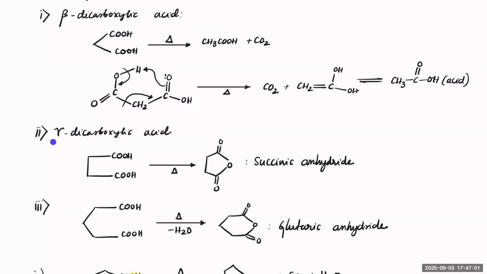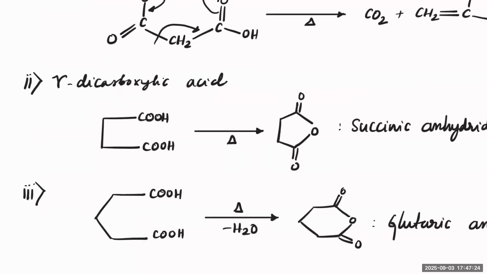Check out gamma. If you have a gamma dicarboxylic acid, this is alpha, this is beta, and at the gamma position you have COOH. In that case, you just need to dehydrate it. See, this OH and H, if I remove them on heating, you will get succinic anhydride, because this is succinic acid.